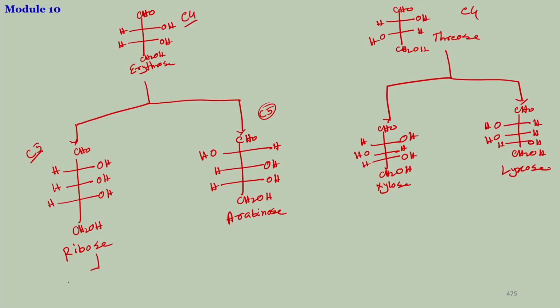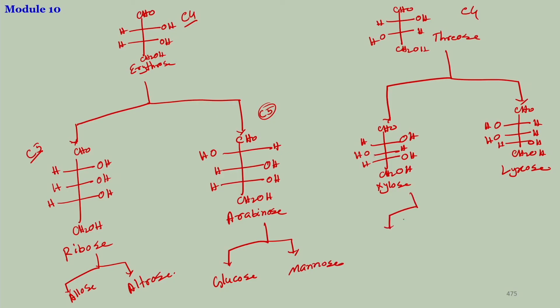Similarly, if you move up, I am not drawing them, you will have altrose and allose, that is the six carbon sugars, and from arabinose, which I will draw on the next page, you will have, because these are the most well known ones, glucose and mannose.